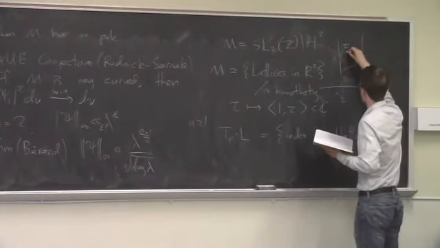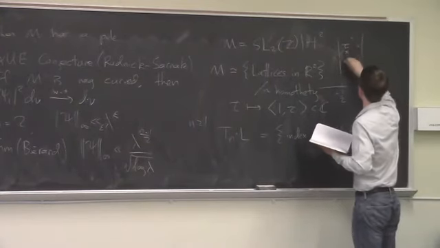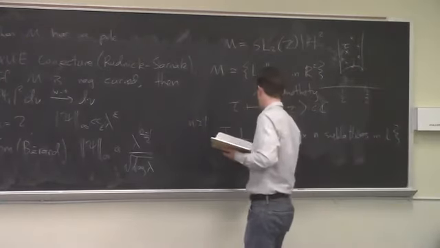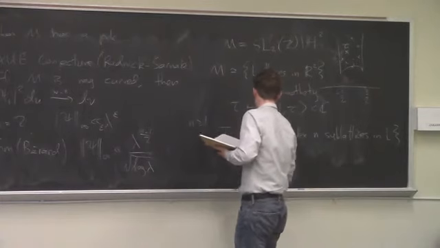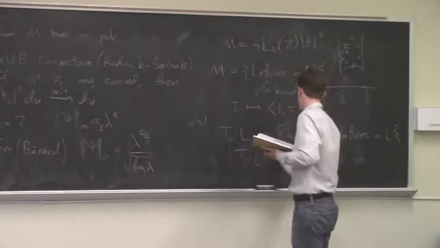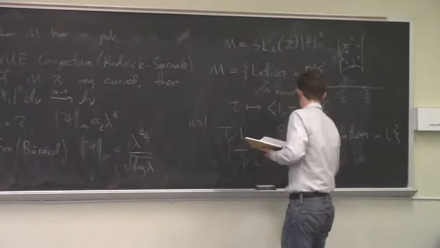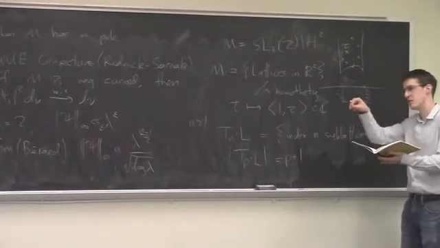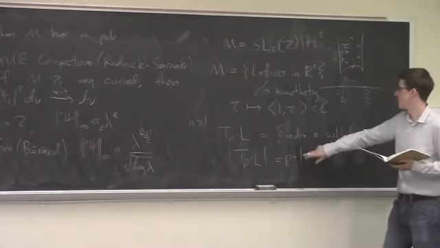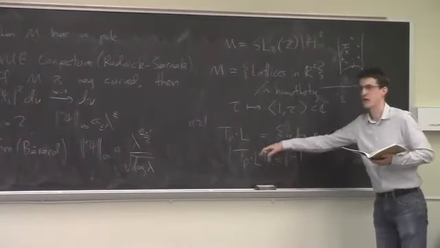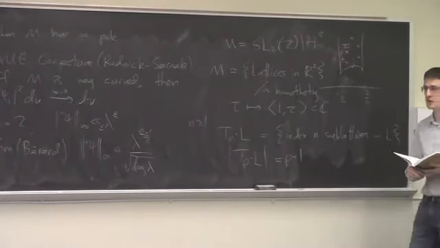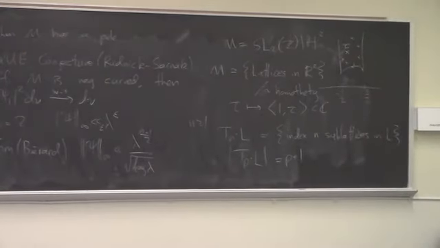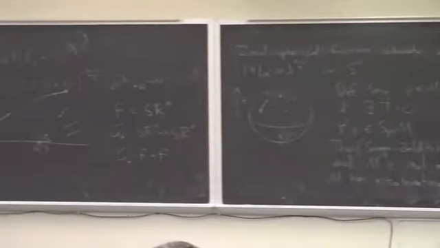It's just I have my point, and this has a bunch of other points that map to it. Maybe something useful I can say is that if n is a prime, then this set of correspondences has p plus 1 points, if you count things with the right multiplicity if you have collision. So generically, for a prime, a lattice has p plus 1 neighbours under this T_p correspondence. Okay. Any questions about those definitions?